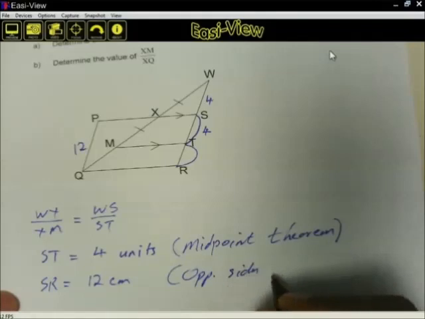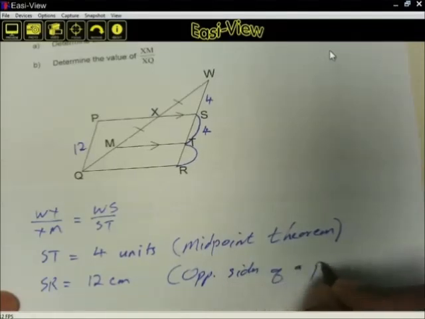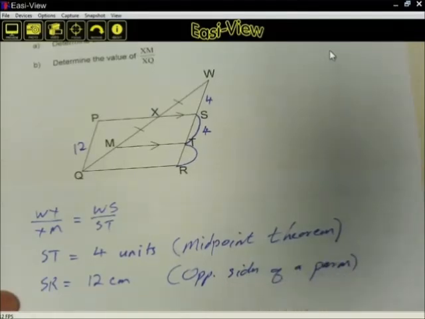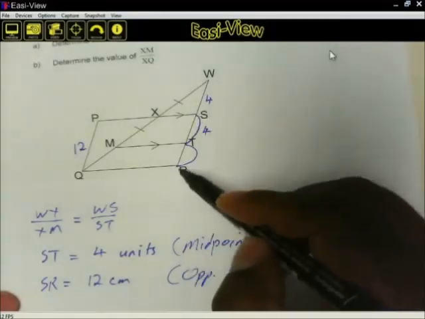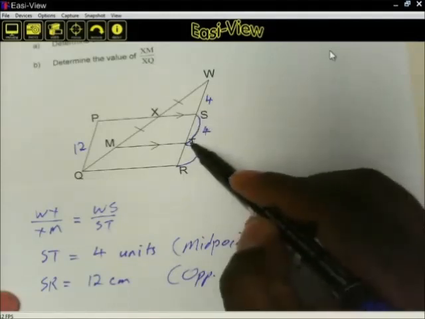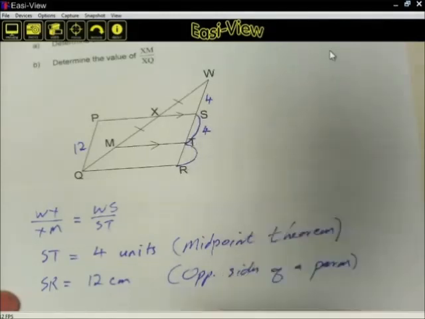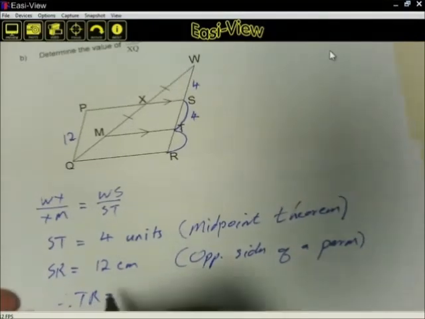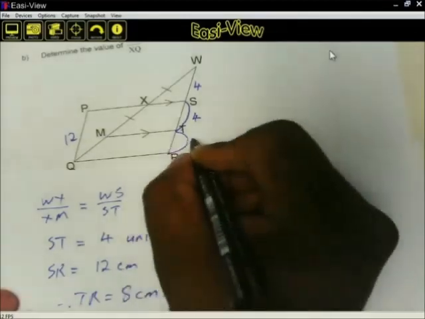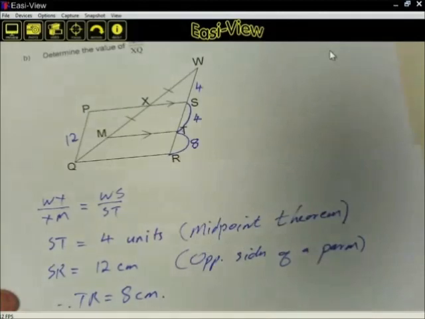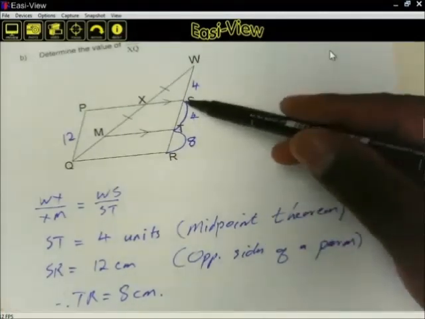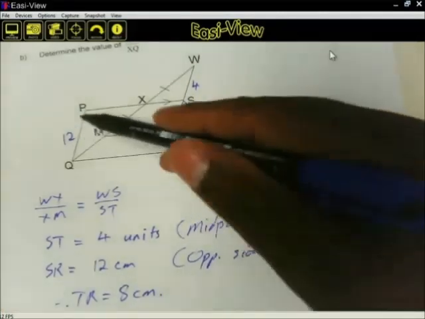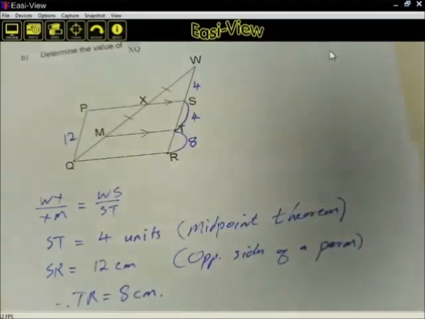The whole of SR is 12, ST alone is 4. Therefore TR will be, simple arithmetic, 8 centimeters. So 8 and 4 give you 12. SR is equal to PQ.